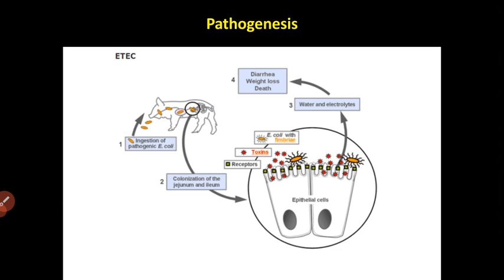Then in the epithelial cells, some receptors, toxins and fimbriae of E. coli act. They will release water and electrolytes, dehydrating the body in the form of diarrhea, which will ultimately lead to weight loss, or it can be fatal also if not treated. Understood how it is working?